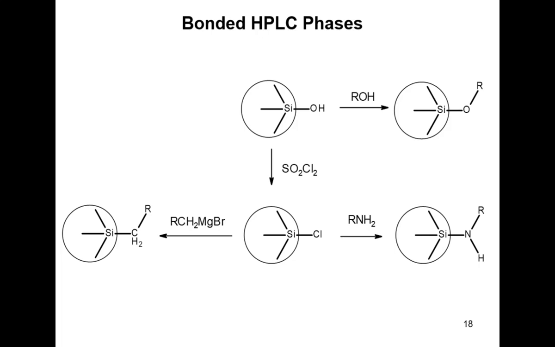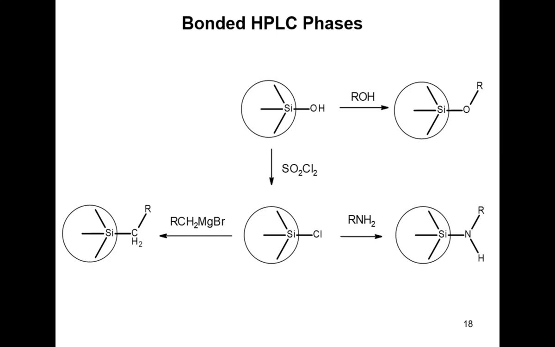So it's conceptually quite simple. Just think, okay, let's replace the hydrogen atom with something else. So this is analogous to ether compounds in organic chemistry. The chemistry is relatively straightforward.